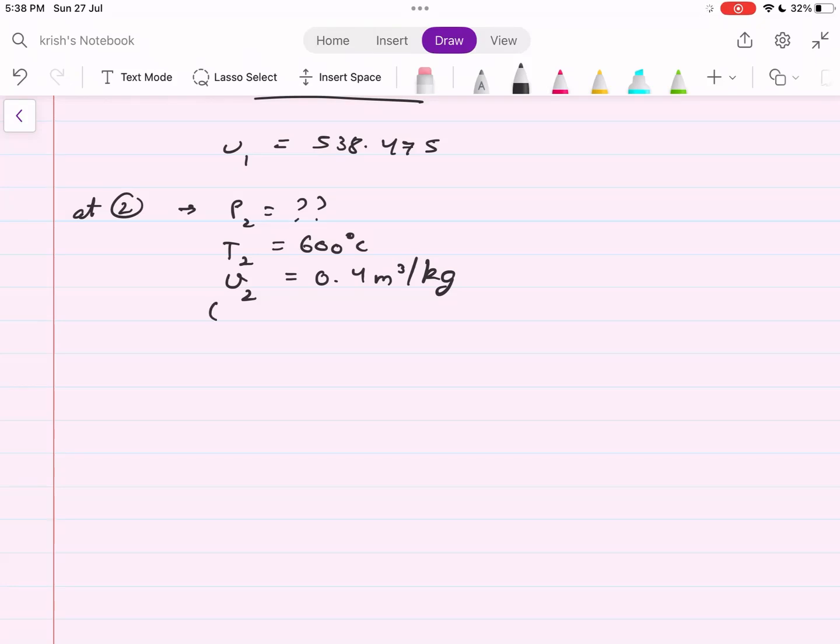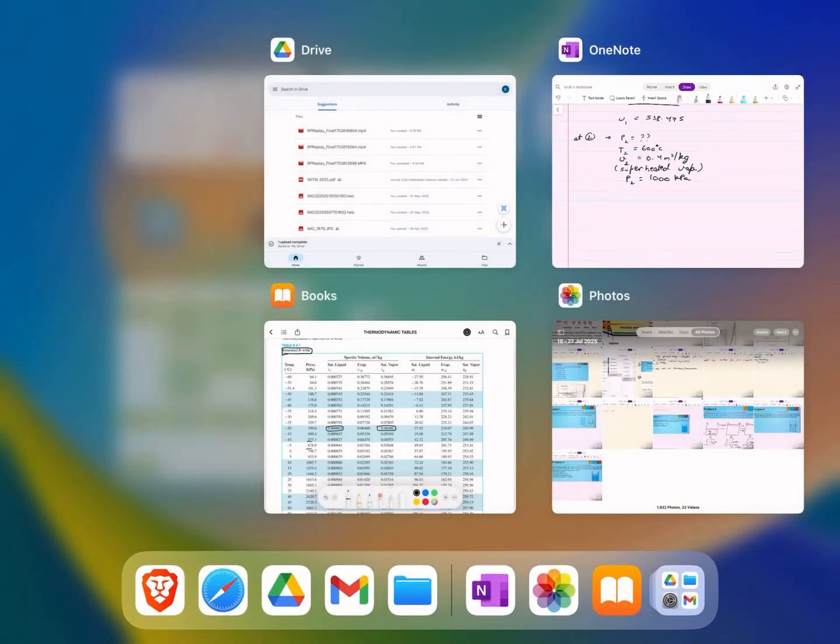So at 2, if we find the state, it will come out to be superheated vapor. And if we refer to the superheated thermotable specifically, our P2 will come out to be 1000 kilopascals. Right, let's see how that is happening.